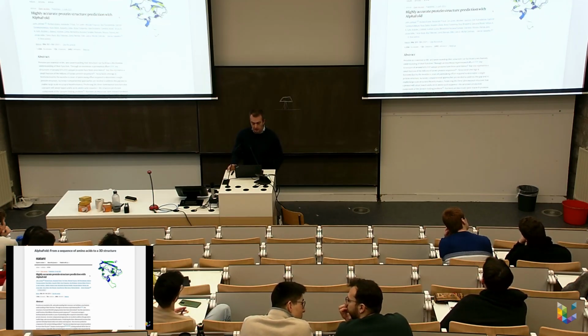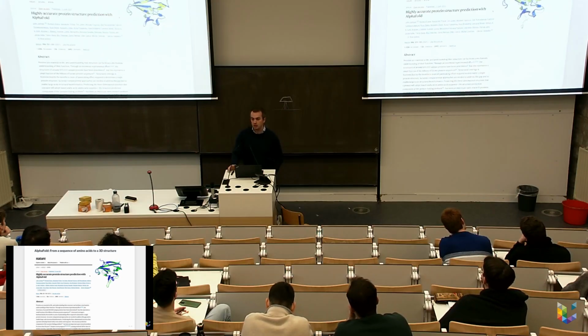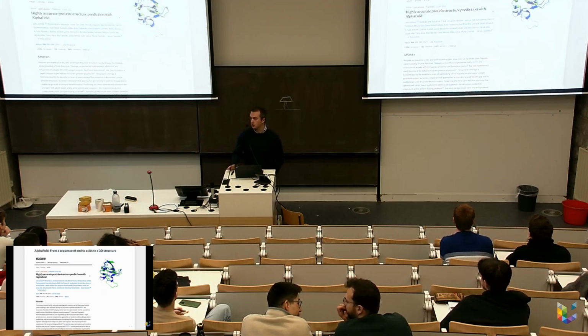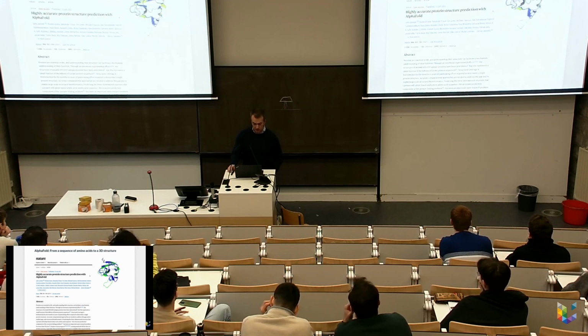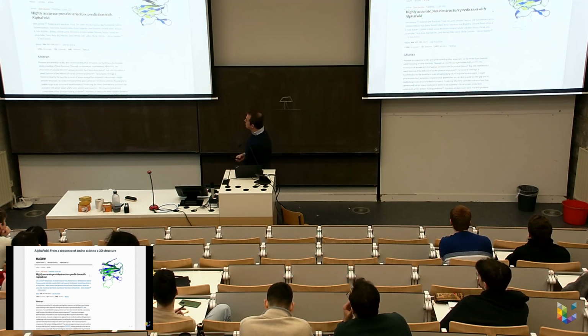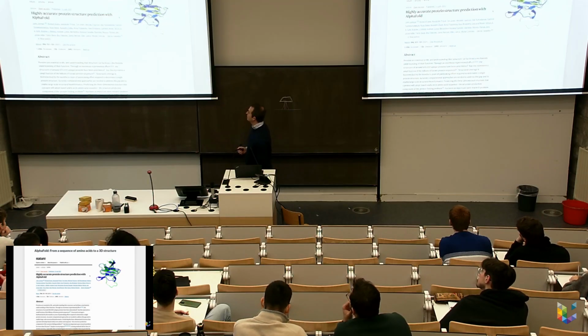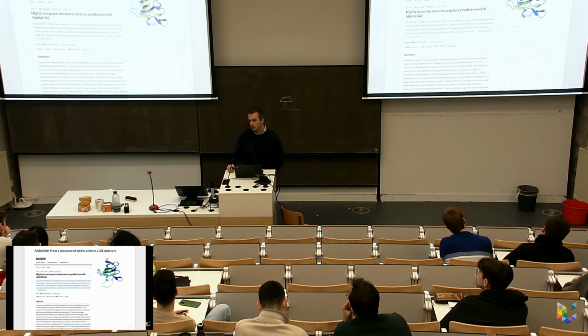And for very long, this problem was really an open problem in the field. Many researchers have been trying to determine in silico, so with a computer, the 3D shape of a protein, but the performance was not very good. And in 2017, and then later on in the second version in 2021, we eventually got performance which was much better than anything before.